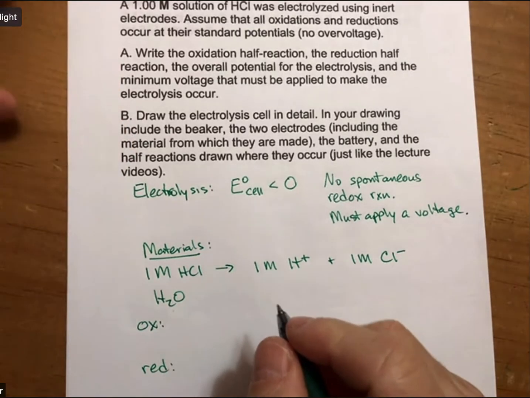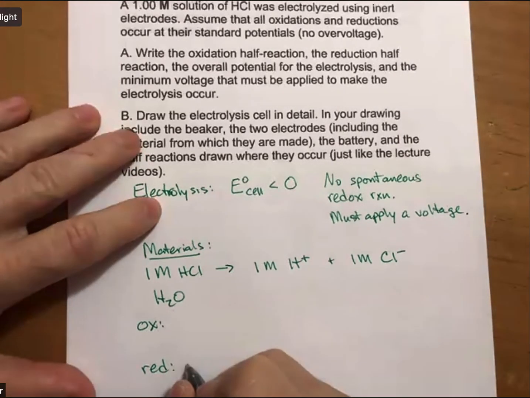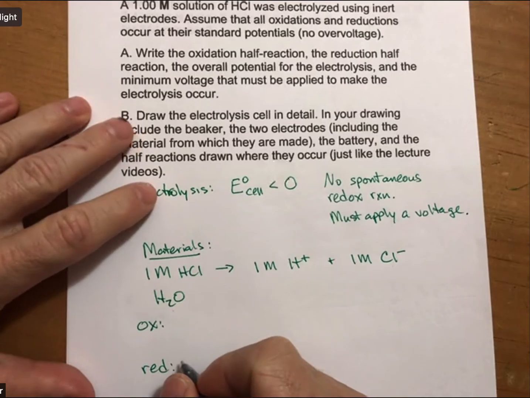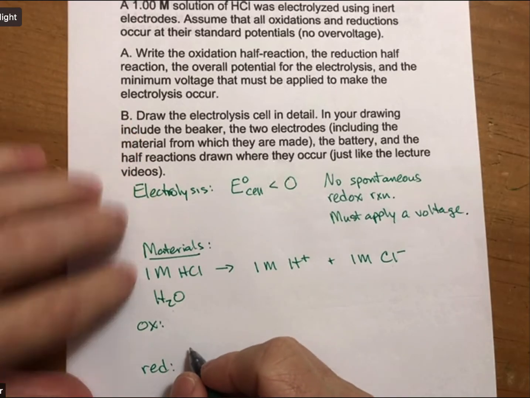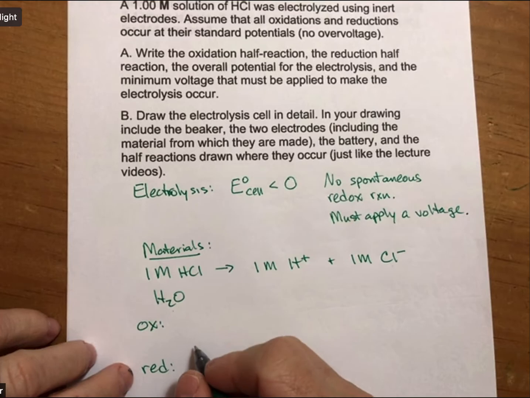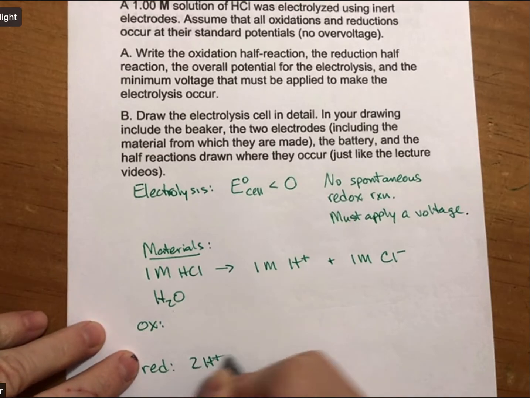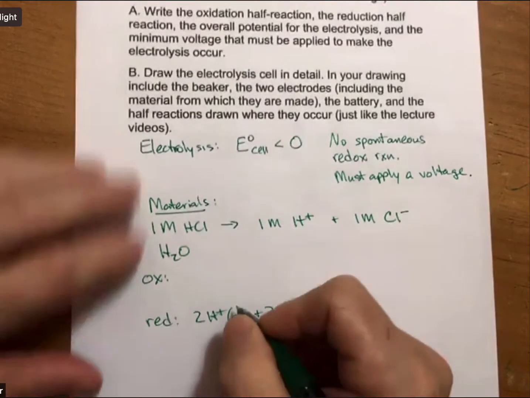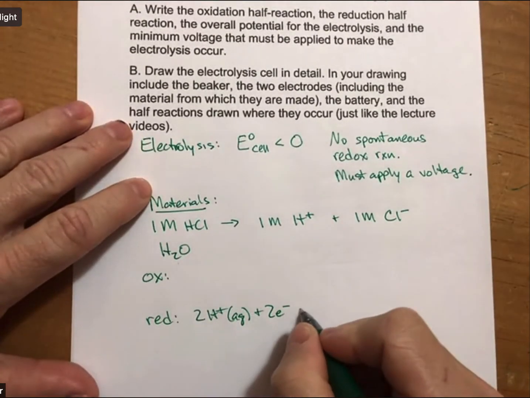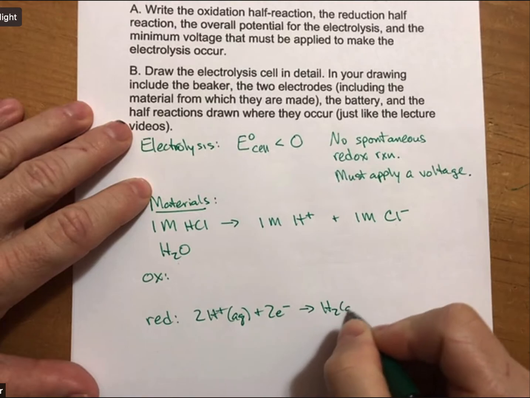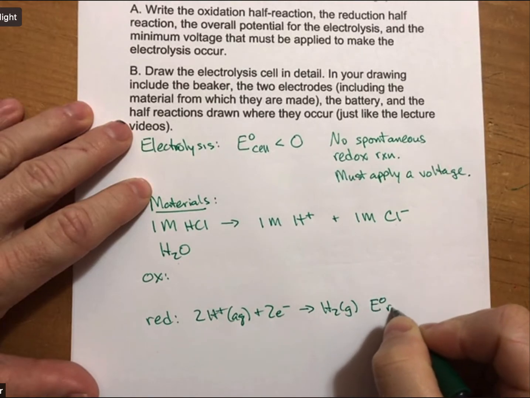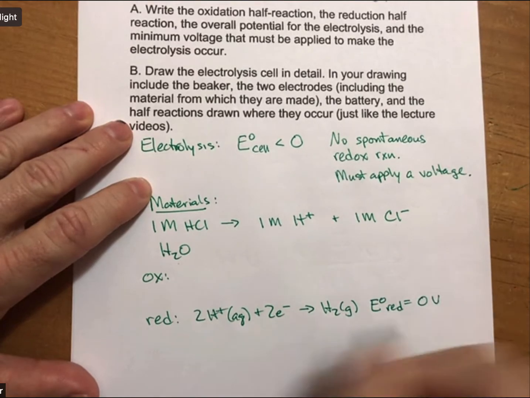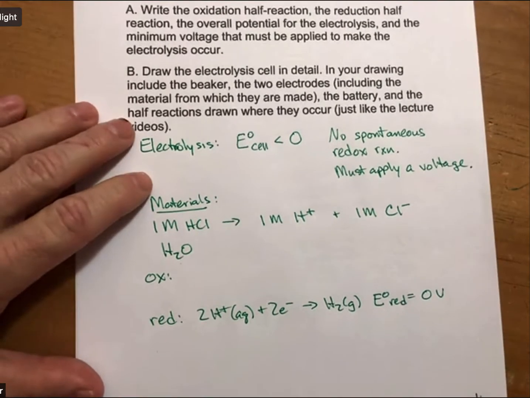Let's start with our reductions. Those are the ones we can do in the forward direction. Take 2 hydrogen ions plus 2 electrons, you get H2 gas. That's at 0 volts.